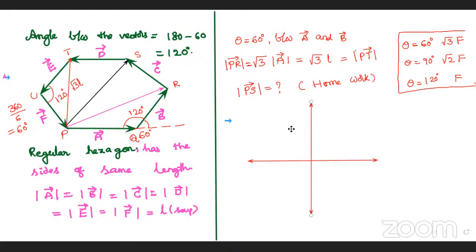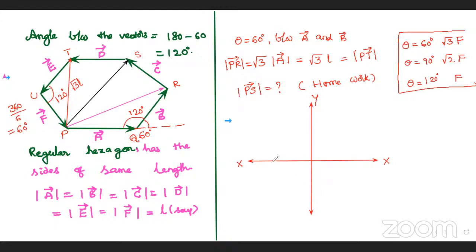I think you know how to represent the vectors in each quadrant: first quadrant, second quadrant, third quadrant, fourth quadrant. For the first quadrant, both unit vectors are positive, plus i cap, plus j cap. In the second quadrant, the x unit vector is minus i cap, plus j cap.